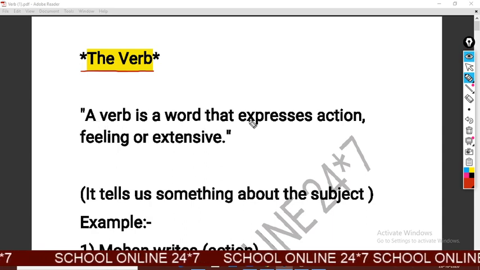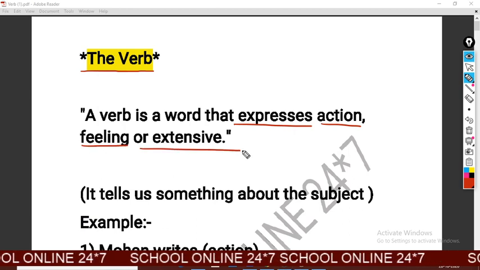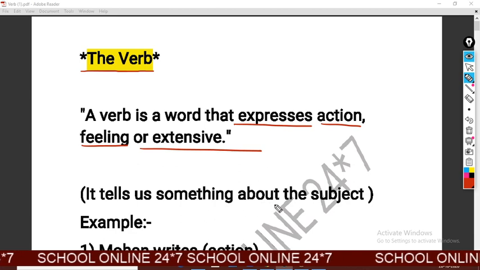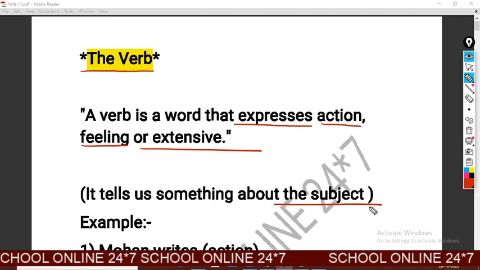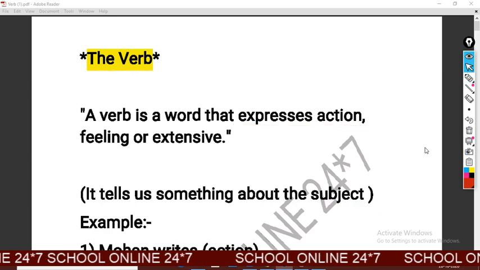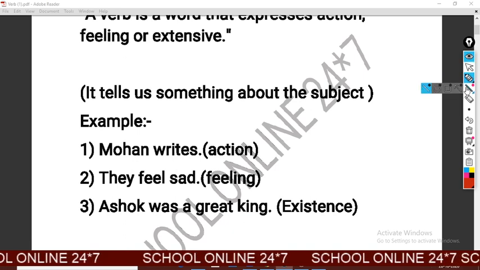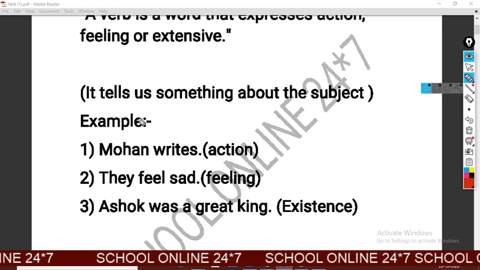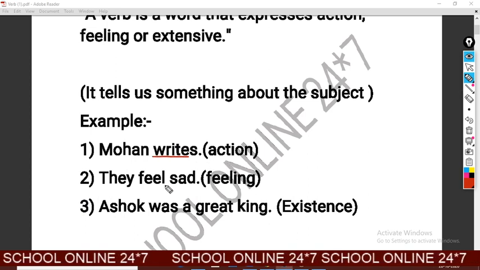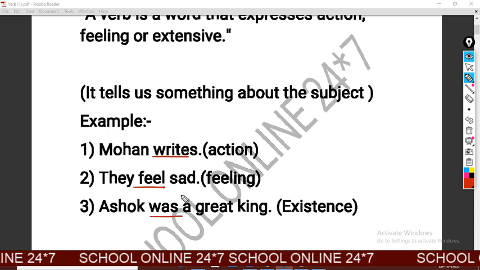A verb is a word that expresses an action, feeling, or existence, and the verb tells us something about the subject. Look at it with the examples. First example, Mohan writes. They feel sad. And Ashok was a great king.